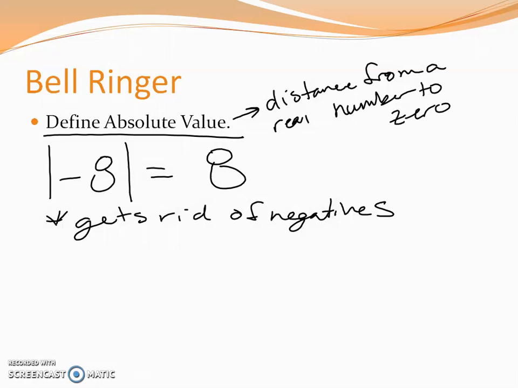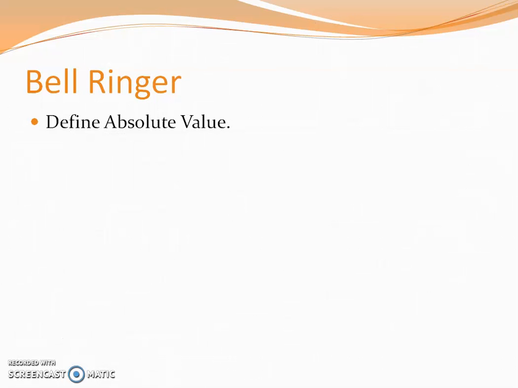So why does it get rid of the negative? Well, because it's talking about a distance, and you can't go a negative distance. So that's why the negative is no longer there. Some of you might have drawn a picture of the absolute value function, that it is a V. Any other thing you might have jotted down, feel free to share. Okay.